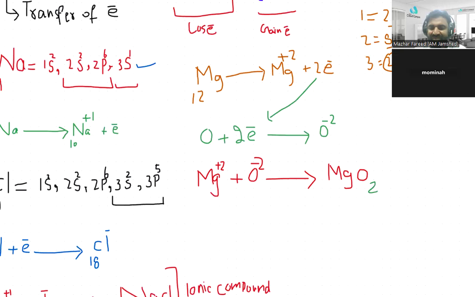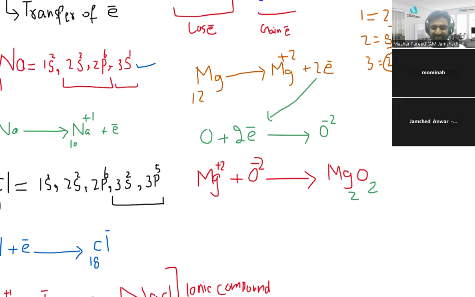When you see they are the same number, you have to divide that number, like there is 2. After dividing, this compound becomes magnesium oxide.